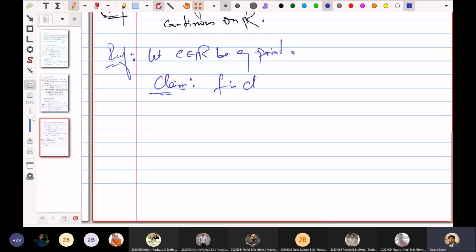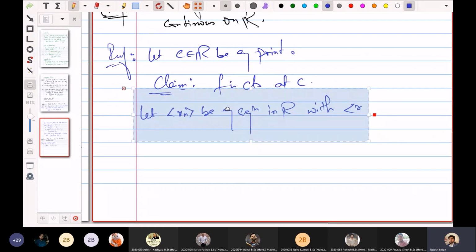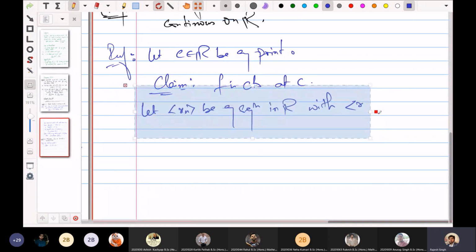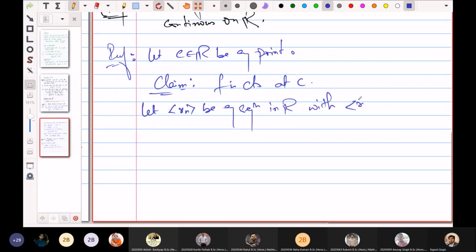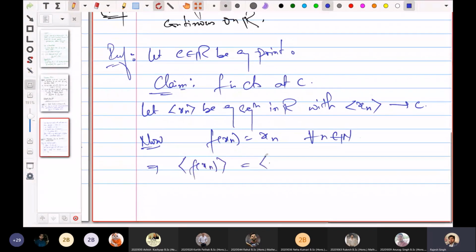f is continuous at c. So this is what we have to show. For this we pick any arbitrary sequence. Let xn be any sequence in R with xn converging to c. Now what will f of xn be? f of xn is equal to xn for every n in N. So f of xn is nothing but the sequence xn, which converges to c.